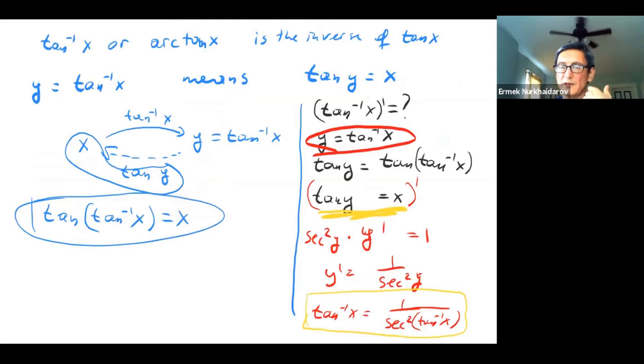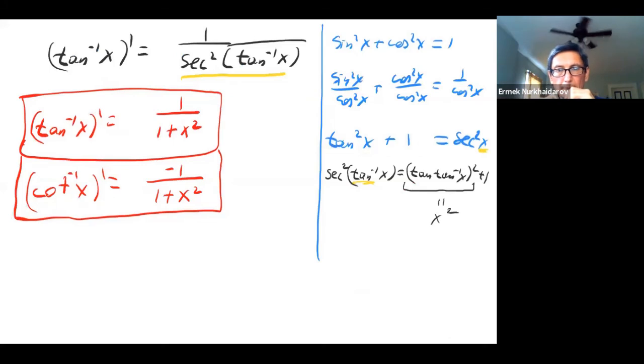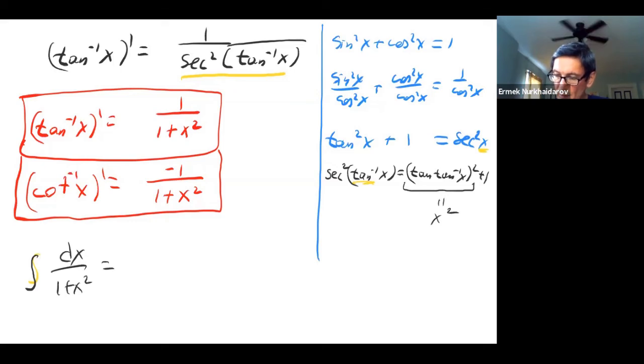That's the only difference. Otherwise, the calculation will be very similar. Right? So what's the derivative of tangent and the derivative of cotangent? And from here, we can get the antiderivative of 1 plus x squared. It's going to be equal to tangent inverse of x.